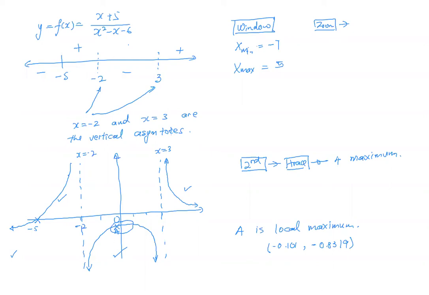Are you okay? So during the quiz, I can give you a rational function. I ask you for vertical asymptote. I ask you for turning point, coordinates of the turning point. I ask you to sketch the graph. I ask you to draw the sign diagram.